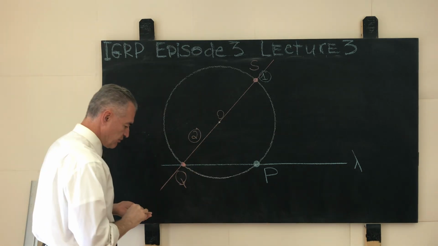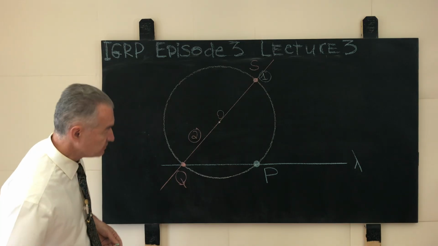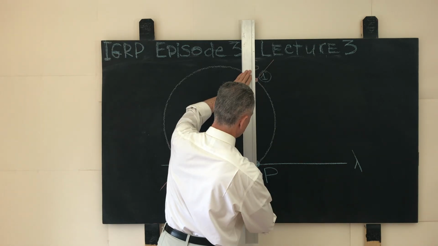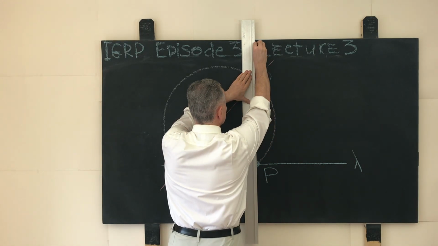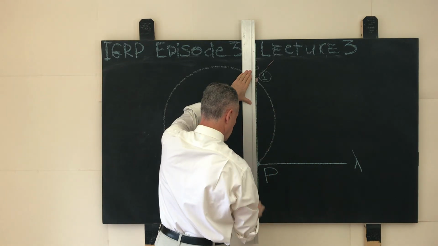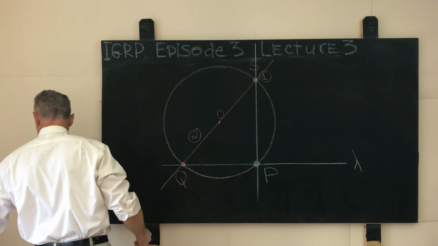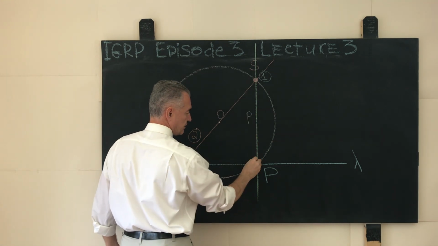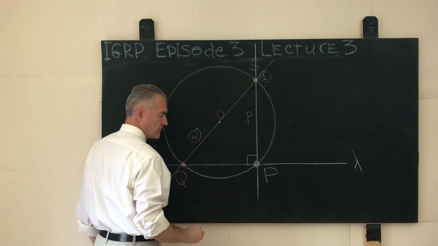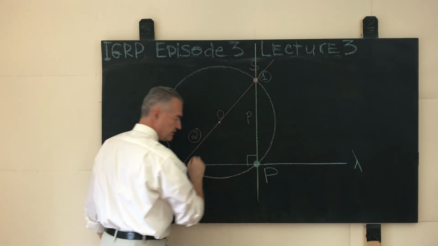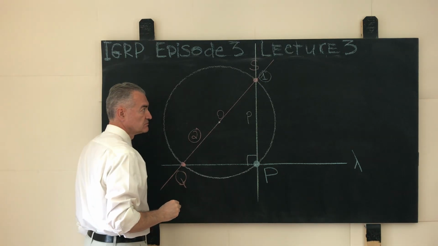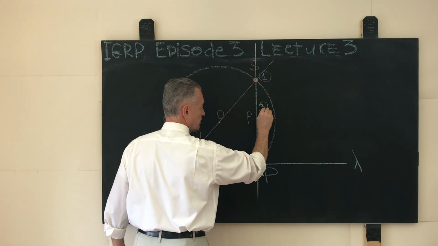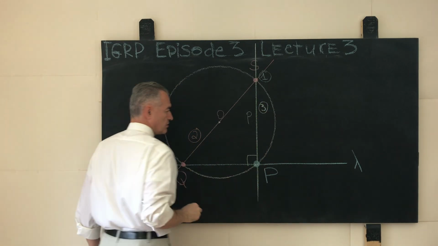But the game is over, because now we see that the straight line through the points S and P is precisely the perpendicular, let's call it p, that forms the right angle with the given straight line lambda, and that straight line is step number 3 by the rules of straight edge and compass construction.